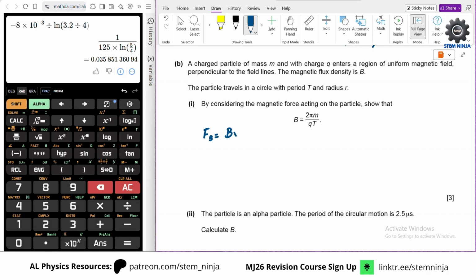is BVQ, and sine theta is already like sine 90 because it's perpendicular to that. That is equal to centripetal force. Sorry, mv squared over r, but this time we need T and r in the mix. So we will use m r omega squared, where omega is 2 pi over T. So, we don't have v over here now.